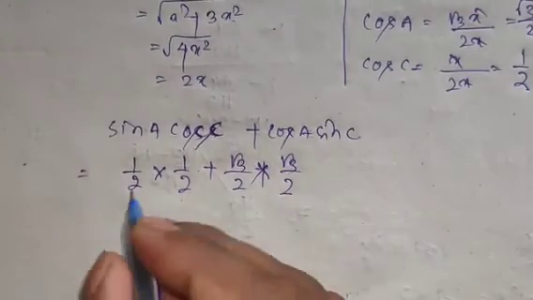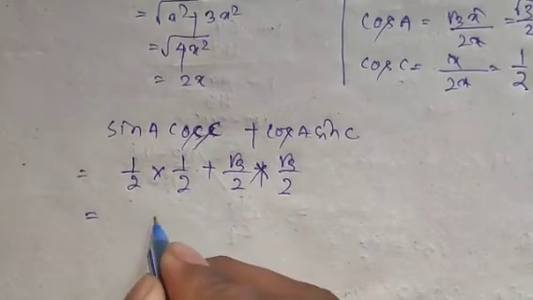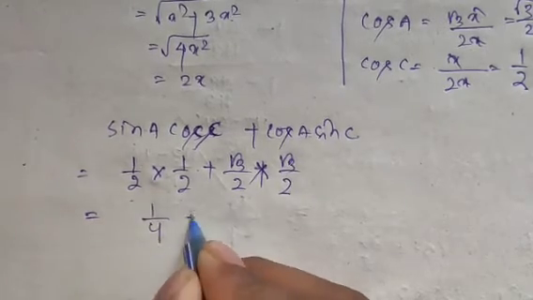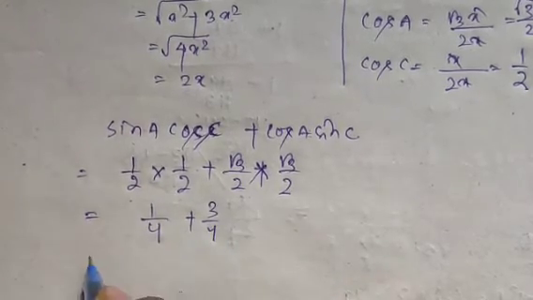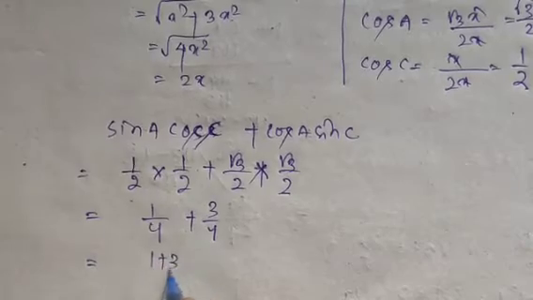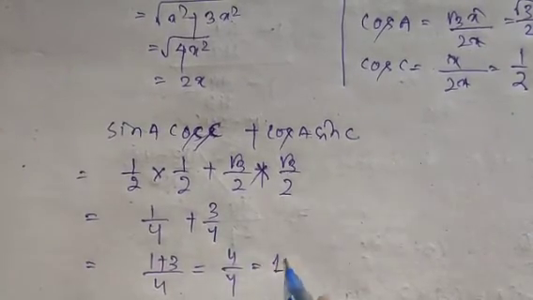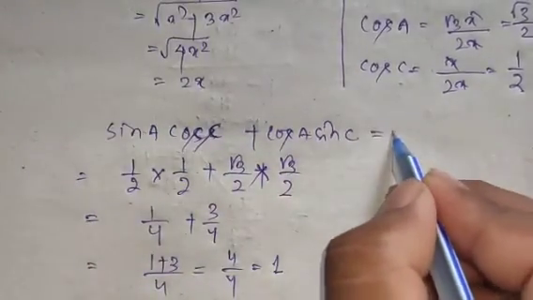Which is equal to 1 by 4 plus 3 by 4, which is equal to 4 by 4, which is equal to 1. So this will be your 1.